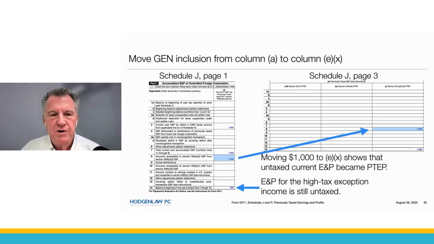So you put a negative number on line 8 of minus 1600, and you put plus 1600 in Schedule J, and that is your data entry that shows the IRS that you've moved it to the PTEP group that's correct. And you can see there are a whole bunch of different categories.